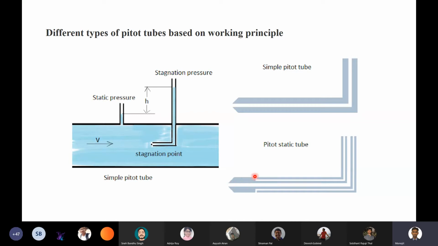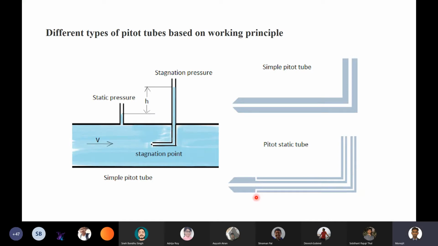You attach the manometer with the outlet of this outside cross section. So this is completely a circular thing, and the hole is made at certain locations on the surface of the pitot tube.